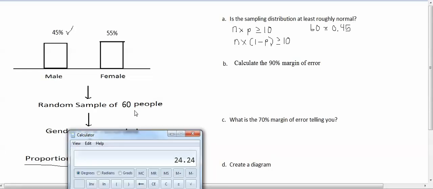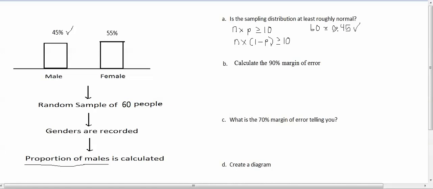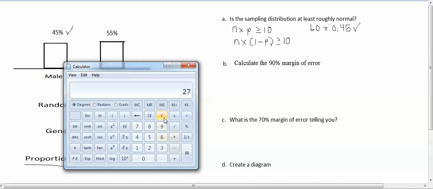So 60 times 0.45 is 27. That's 10 or larger, so this checks off. Now we have to do n times 1 minus p. 1 minus p is going to be 1 minus 0.45. That's 0.55.